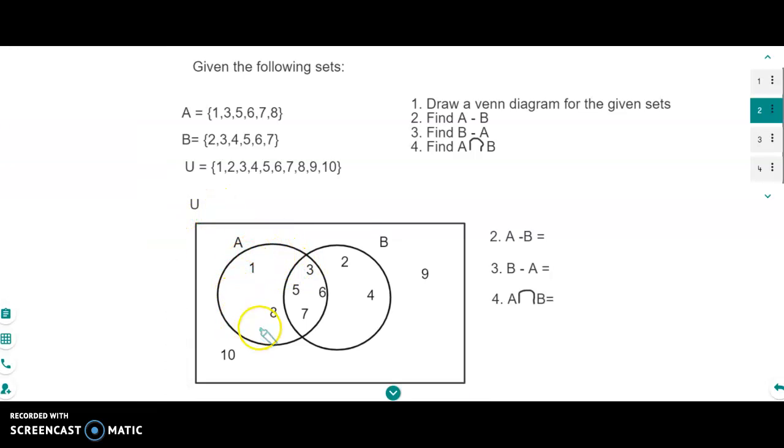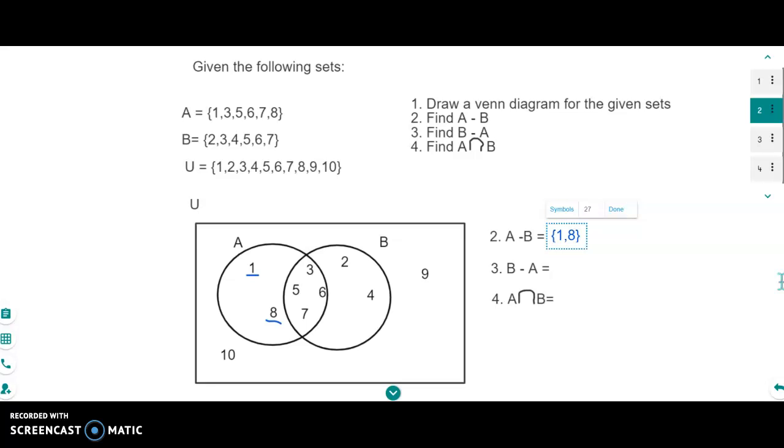So the elements that are in A but are not from B. So only this zone, okay? So we only select 1 and 8, the only elements that are from A minus B, that are in A but not from B. Alright, so we write here curly brackets 1 comma 8.